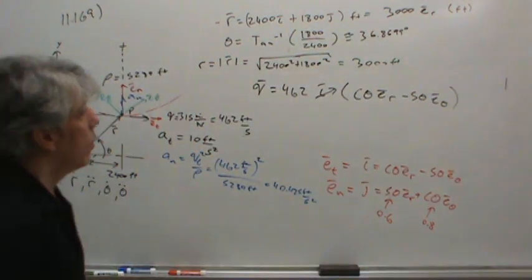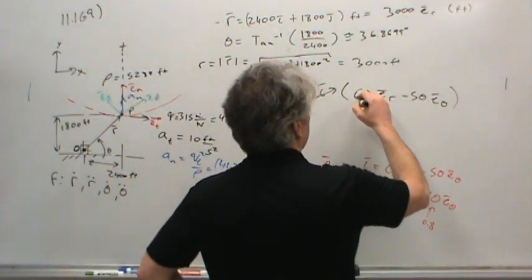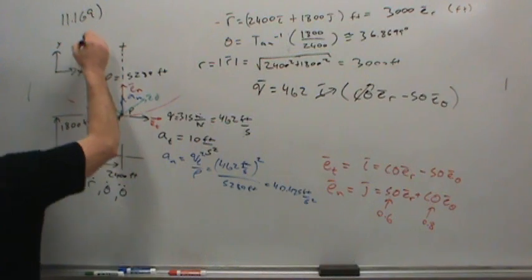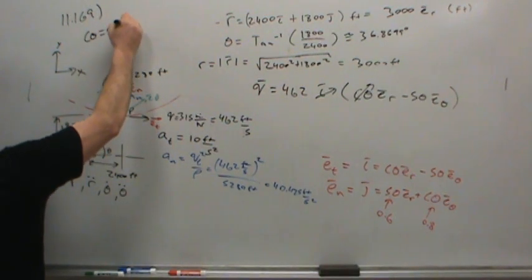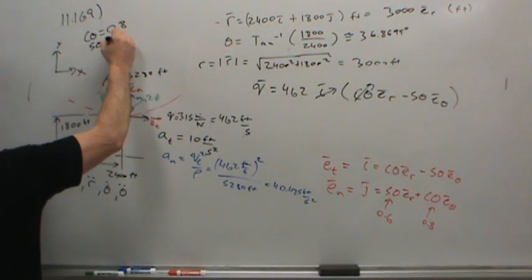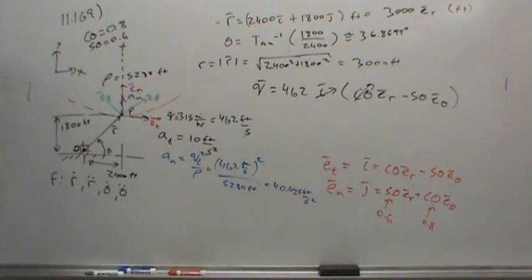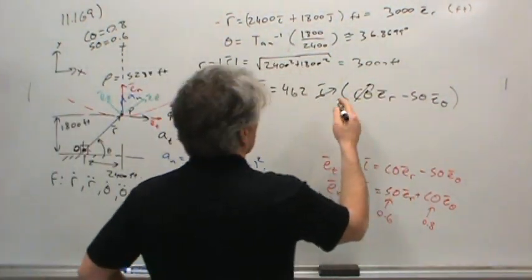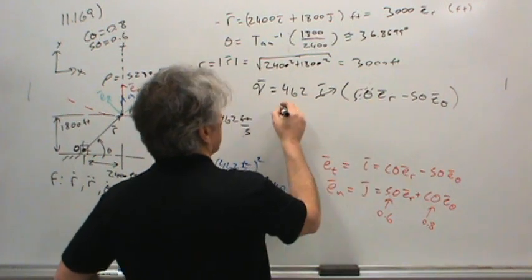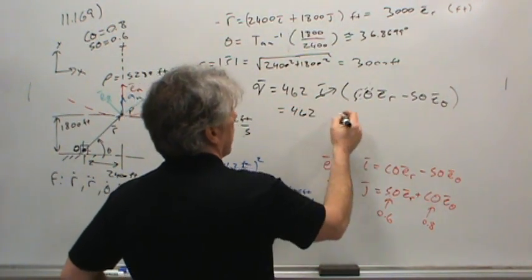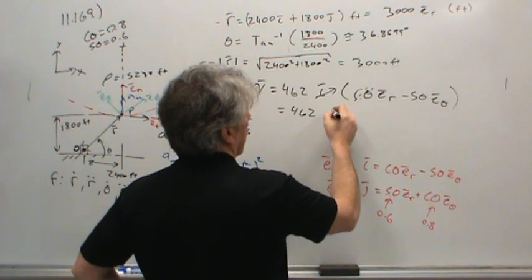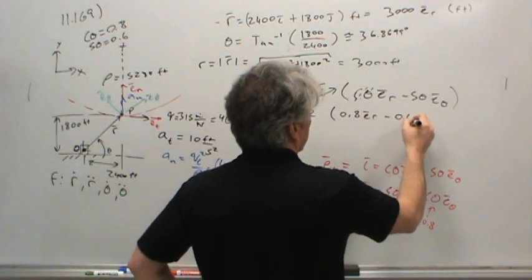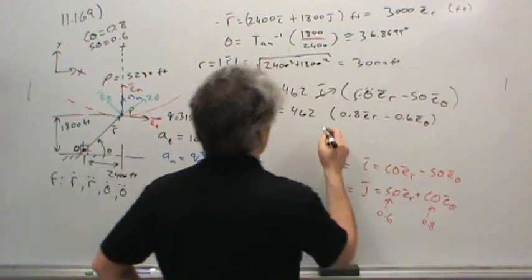Okay? We already know what cosine of theta is. In fact, let's write it down so I don't forget it. Cos theta in this case was 80%, and sine theta was 60%? Right? So, rather than doing it here, let's just plug it in. Let's use the board. 462 times 0.8 ER minus 0.6 E theta.